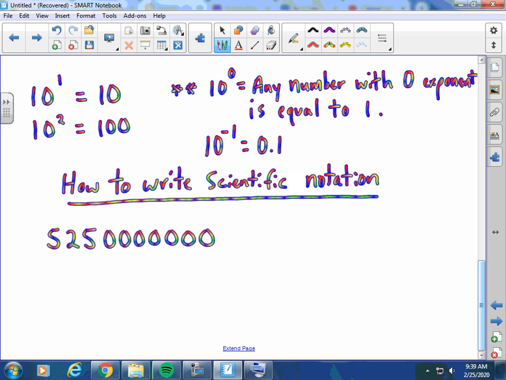So step one, we're going to mark the original or old point. I'll call it original point, original decimal point. Mark or locate.